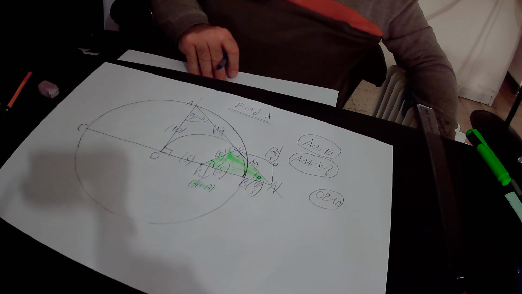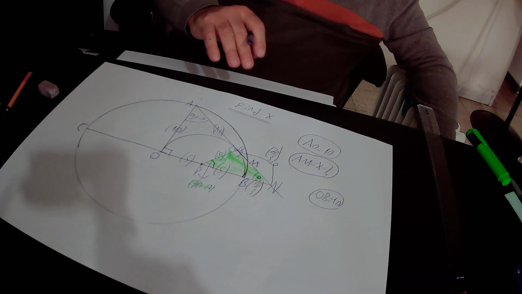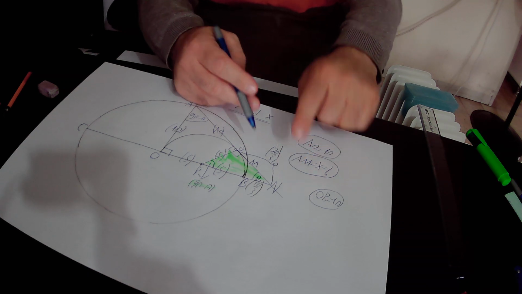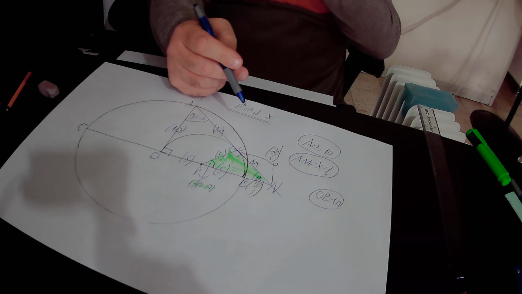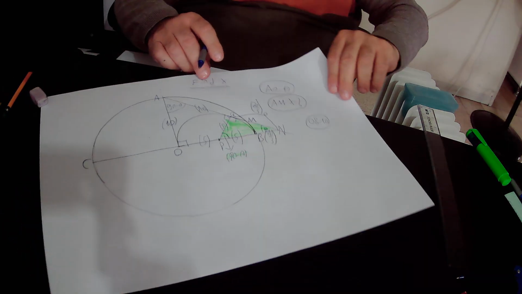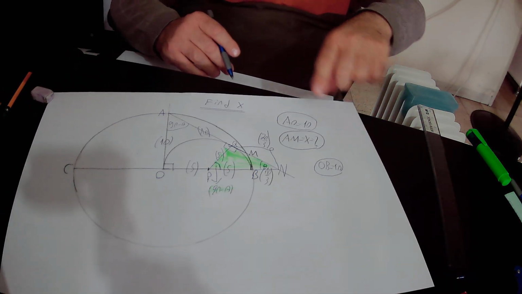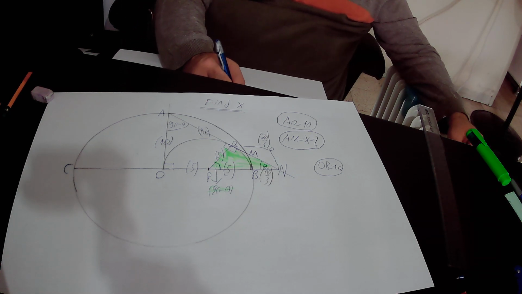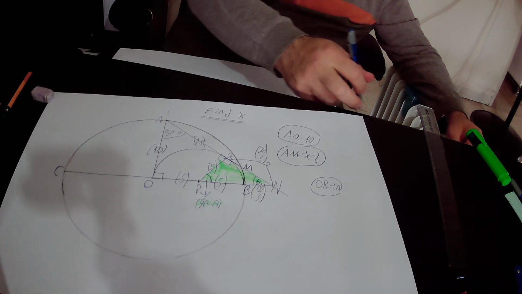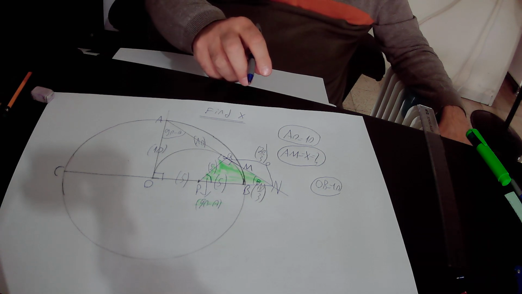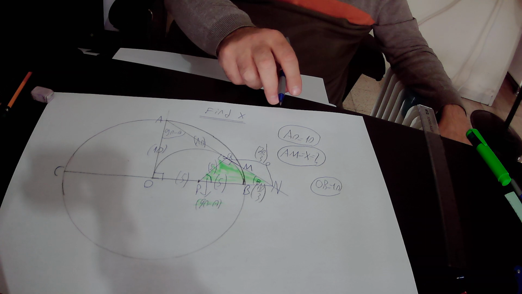Here we have to find out the length of this line segment NM. So what is the length of NM? From the drawing, it is very easy to see that NM equals QN minus QM.